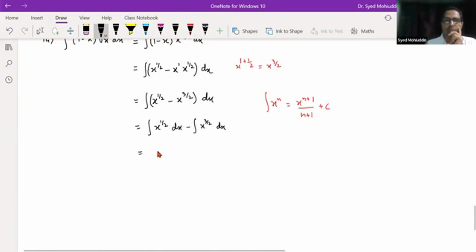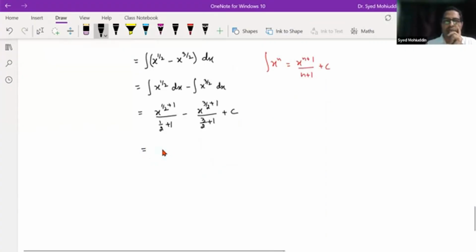So using this formula, you'll be getting x power of half plus 1 divided by half plus 1, minus, it is x power of 3 by 2, it becomes 3 by 2 plus 1 divided by 3 by 2 plus 1, plus the constant of integration c.